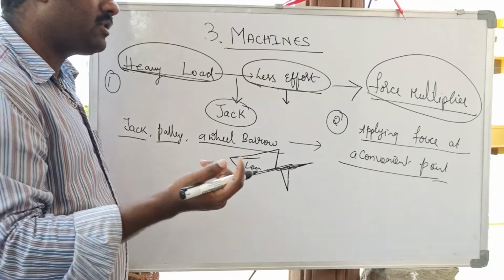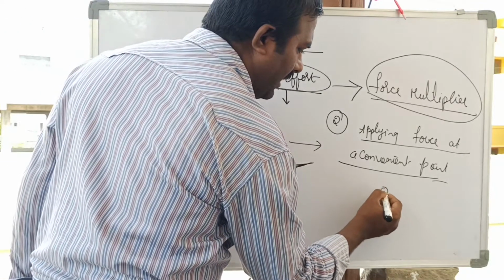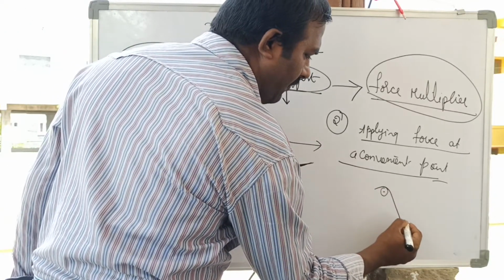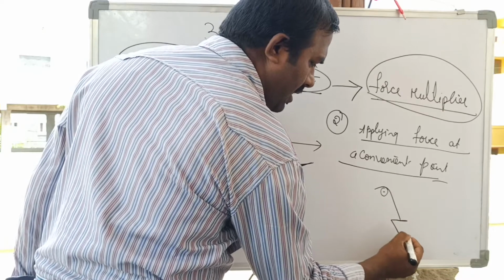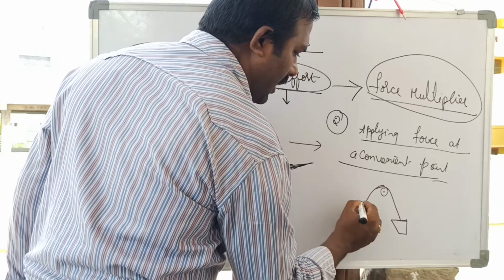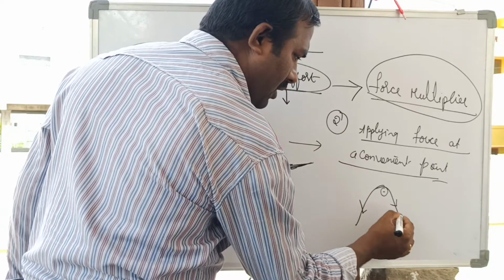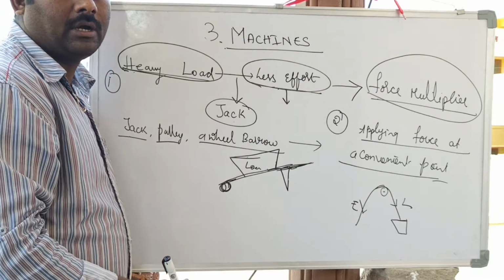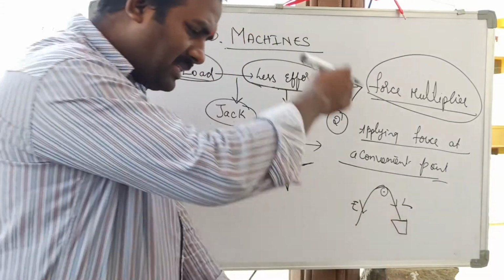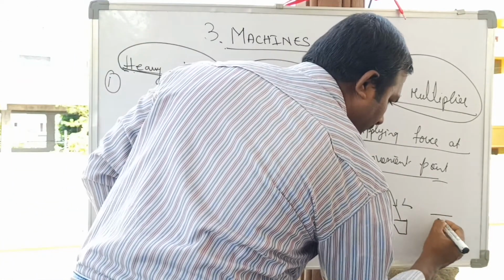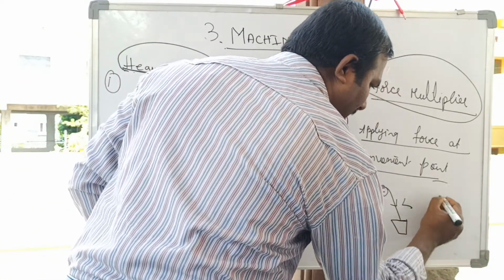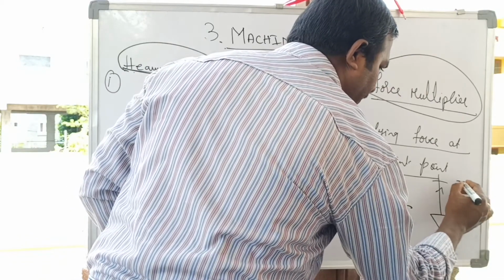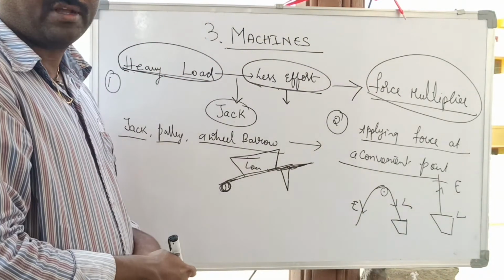What does effort equal to the load mean? Taking water from a well is an example of a convenient point. Whatever the load is, that much effort you have to apply to pull the bucket. But if you want to lift the bucket directly, with the load in this direction and the effort also in this direction, it is very difficult for us.